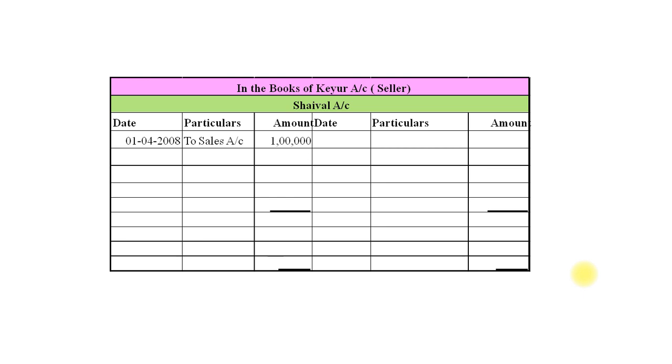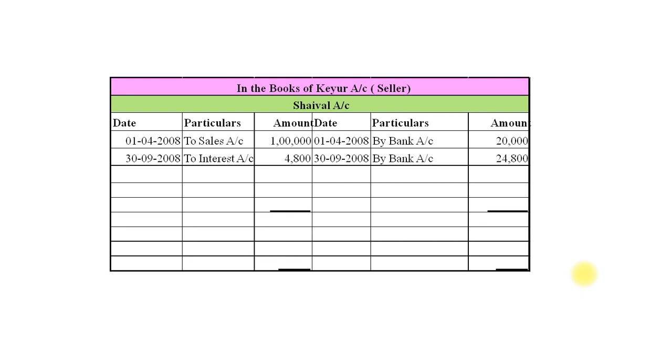Next entry on 1/4/2008, the journal entry is bank account debit to Shaival. So in Shaival we will write by bank 20,000. Okay, the next entry will be on 30/9/2008, the installment due entry. The journal entry will be Shaival account debit to interest. The amount will be 4,800, and on 30/9/2008 installment paid, bank account debit to Shaival. So in Shaival account by bank 24,800.